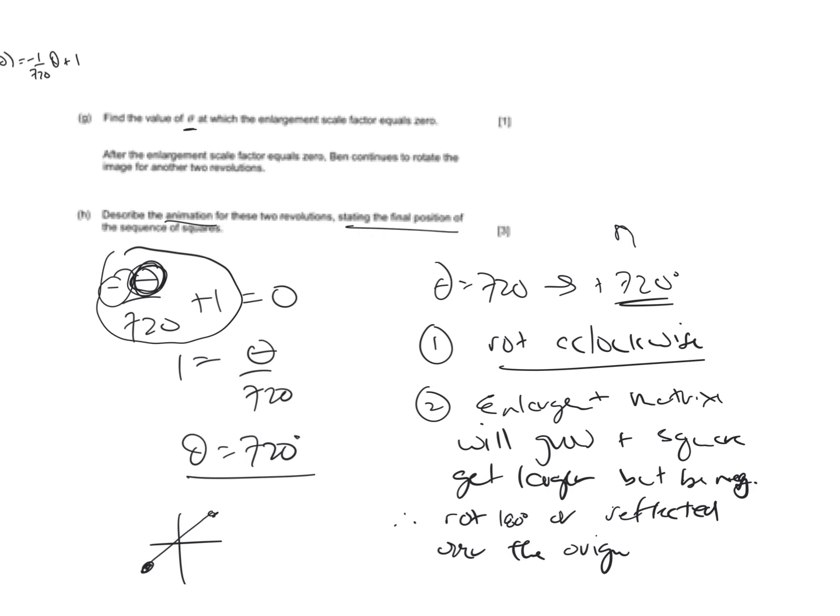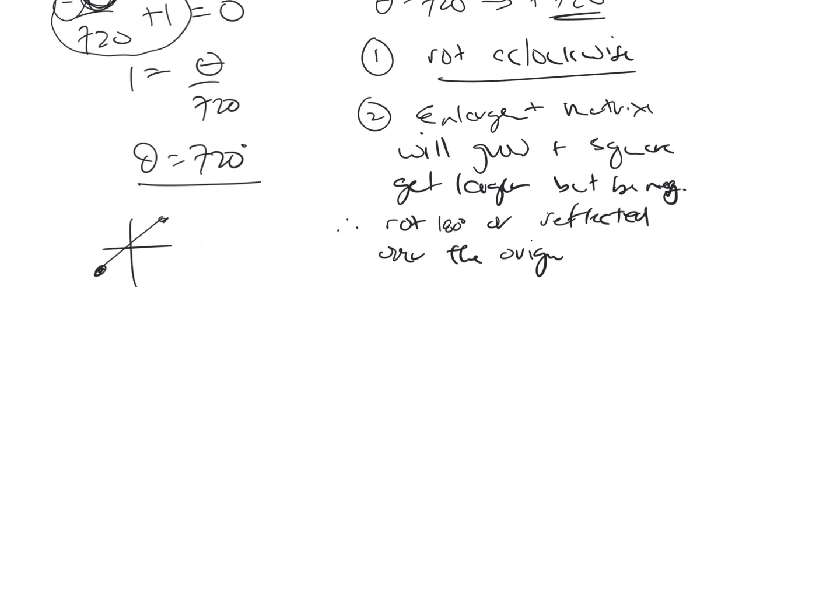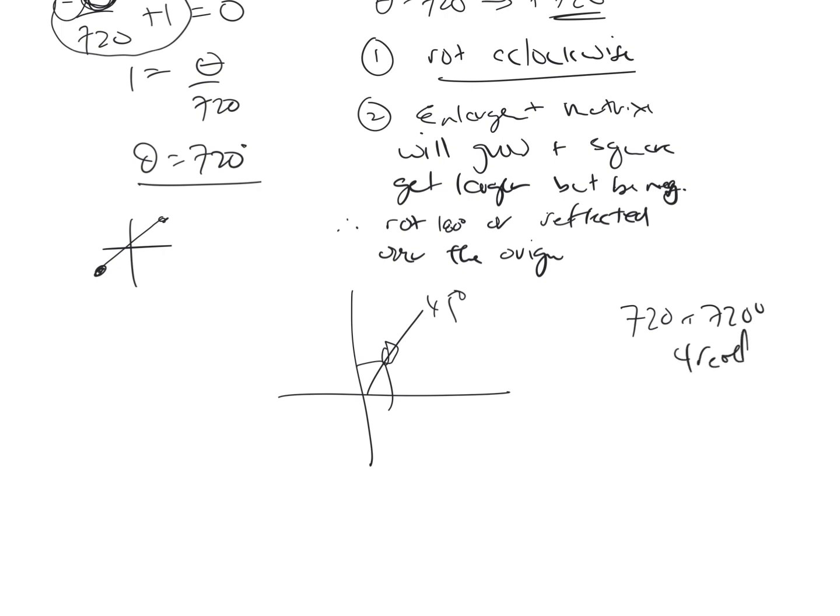Okay, if I just want to state the final position, the initial position, the squares were here, and let's say it's at a 45-degree angle. Well, after it's gone through a 720 plus another 720, which is 4 full revolutions, the theta is still going to be in this position.